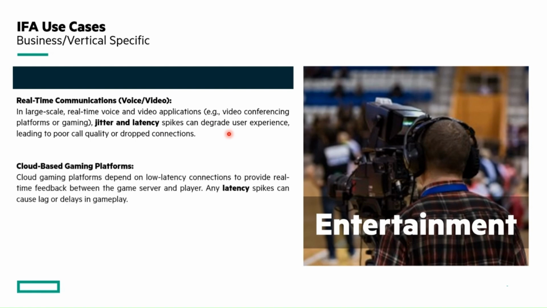Next is another booming industry, cloud-based gaming platforms, which depend on low latency connections to provide real-time gaming feedback between game server and the player. Any latency spikes can cause lag or delays in the gameplay.